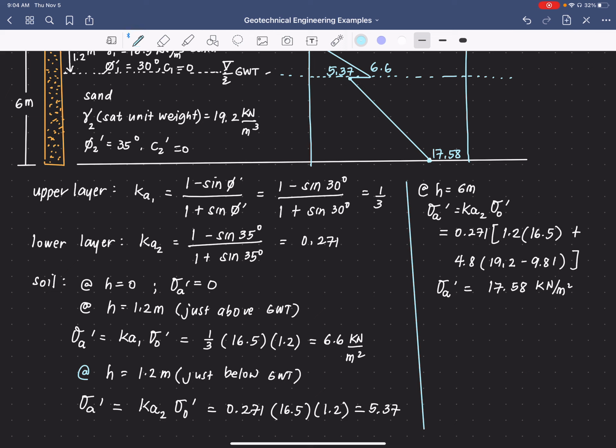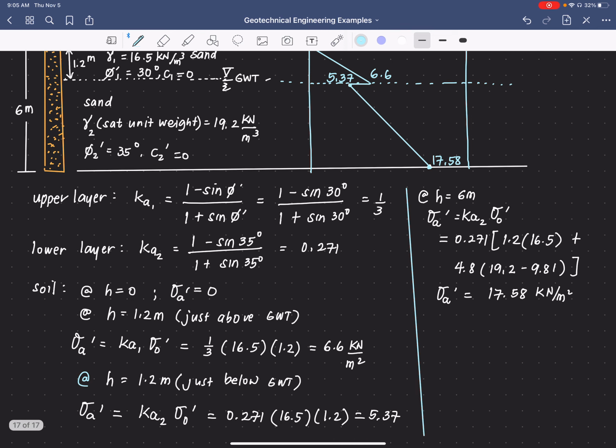Okay, then aside from that, we have to consider the earth pressure or the pressure coming from our water, or the pore pressure. Let me write here for the pore pressure.